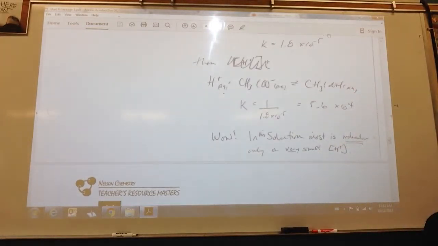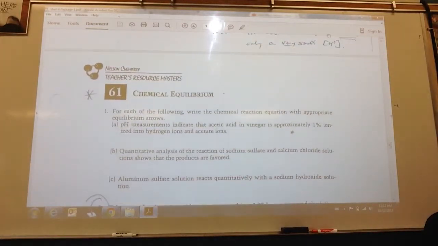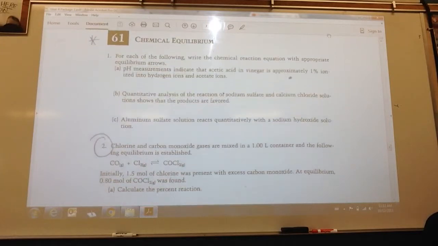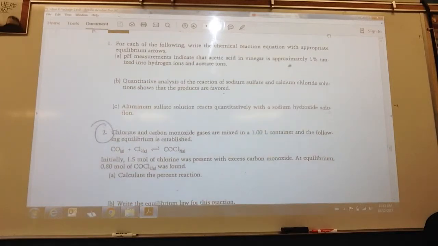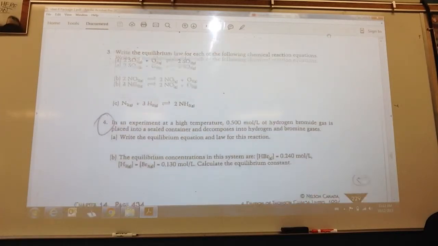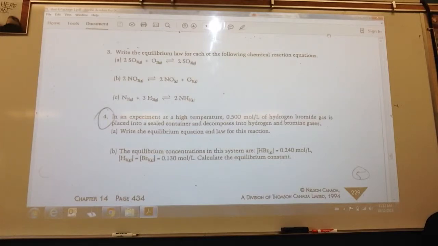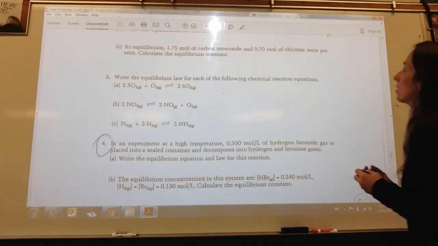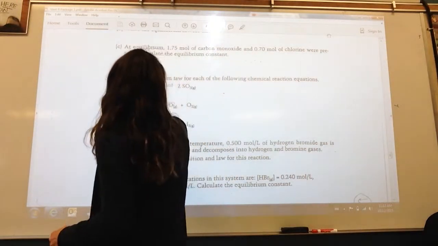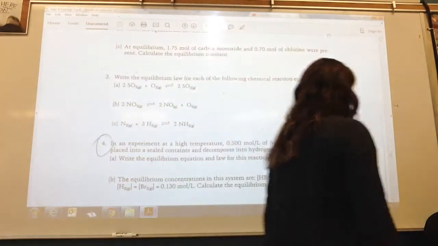Okay, so here are some questions that are going to put all of that together. I've only circled 2 and 4 because those are the ones we're going to do for now. Actually, let's circle 3 as well. We can do all of these. Why have I circled 2 and 4?